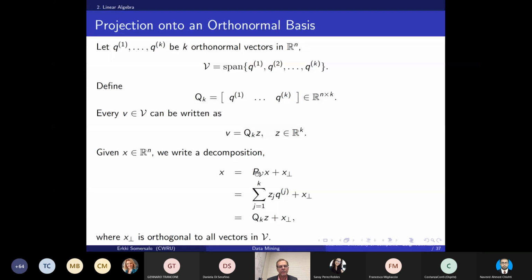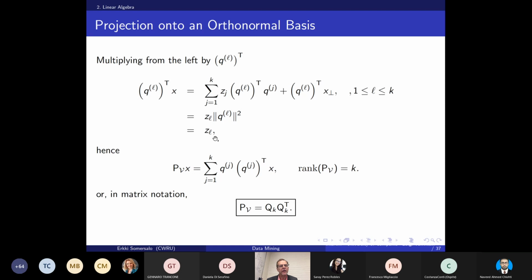And I know that this PV x is of the form qk times z, where z is an unknown vector so far. In order to find this z, I'm using again the fact that this x perp should be perpendicular to every column of this matrix qk.